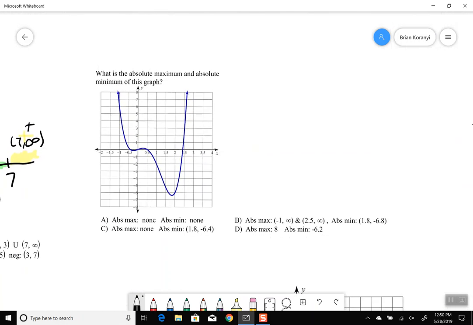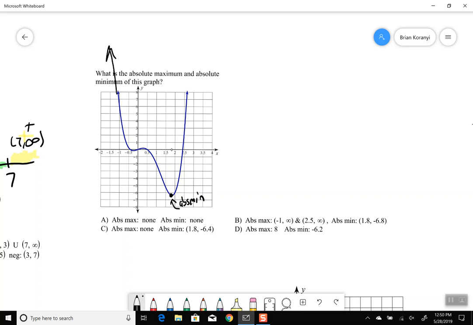What is the absolute maximum and absolute minimum of this graph? So because this thing goes up forever, there's no absolute maximum. Because there is a lowest point on this graph, there is an absolute minimum. It's right there. And so that point is somewhere in between 1.5 and 2.